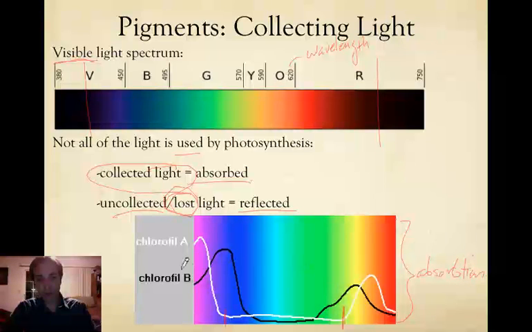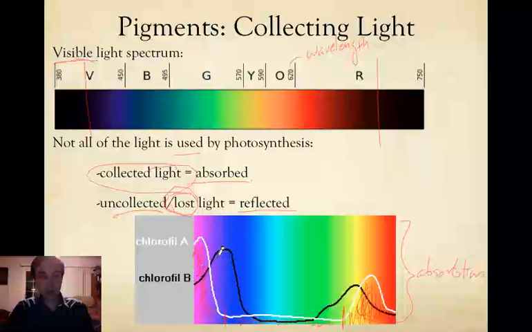So as this peak goes up here, what that's really saying is that all of this light here was absorbed. Down here, not so much. Not a lot of light being absorbed there. But once you get into the orange-yellow section, all of a sudden we have light being absorbed again. So we get all of this light energy over here.